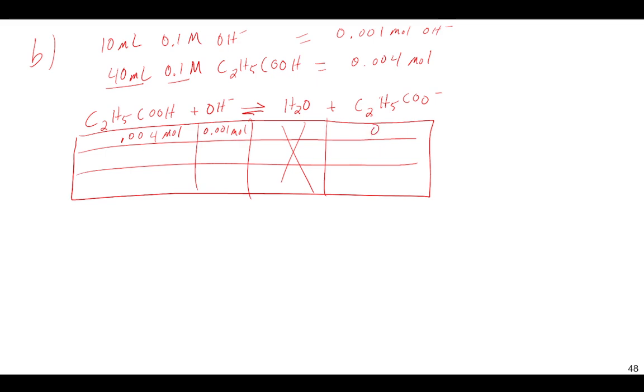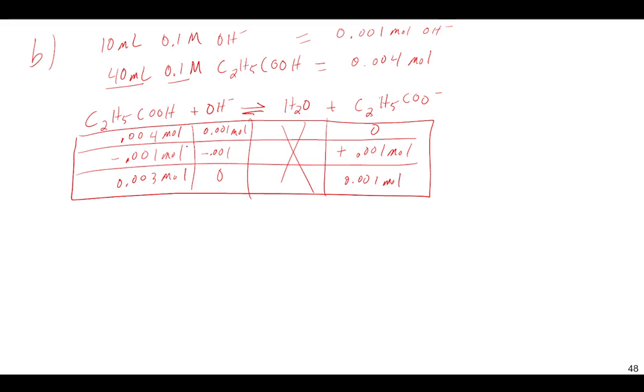I'm going to use up all of the OH minus because that's the lesser of the two numbers here on the left. So that's going to be what's completely neutralized and go to 0. My acid will go down that same amount because it's what's neutralizing the base. So I'll wind up with 0.003 moles of the acid. And the right side goes up by that same amount of moles because I've created this conjugate base in that process of neutralization.